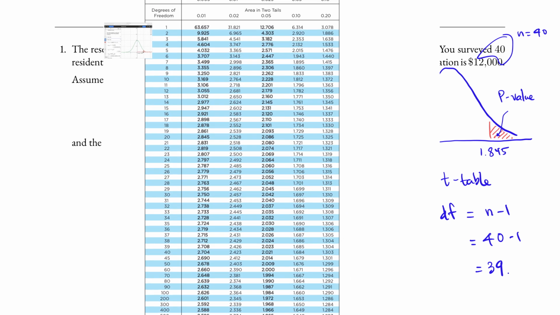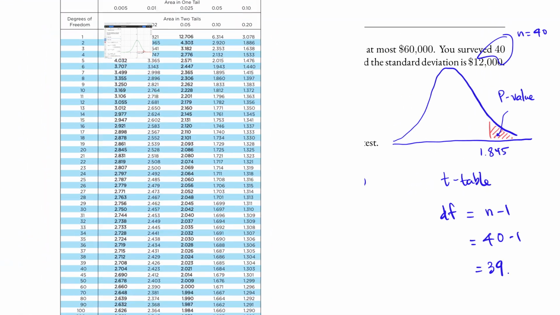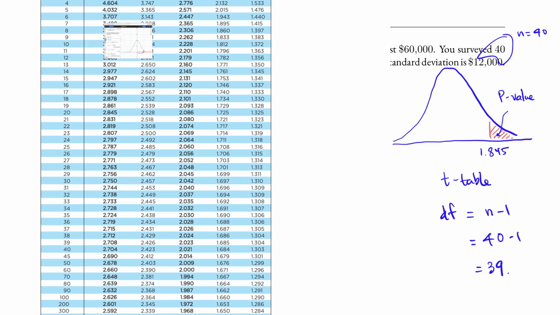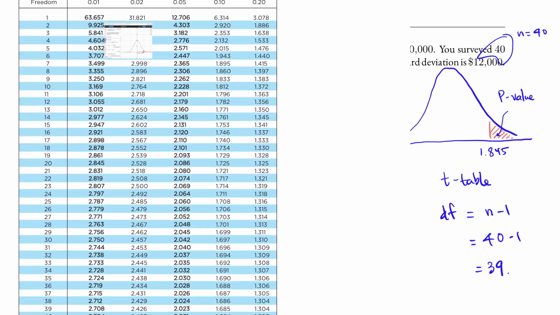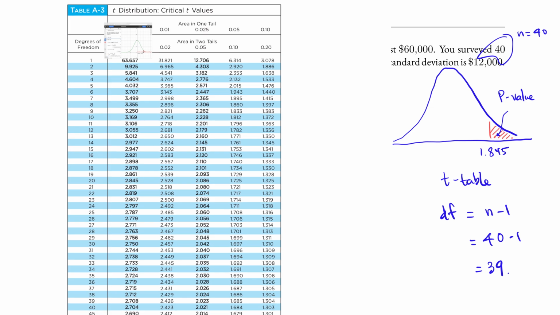If we were to use the t-table to look up the p-value for the corresponding test statistic t equals 1.845, first we would locate the degree of freedom. In this case, the degree of freedom is 39. We would stay on the line with the degree of freedom 39.